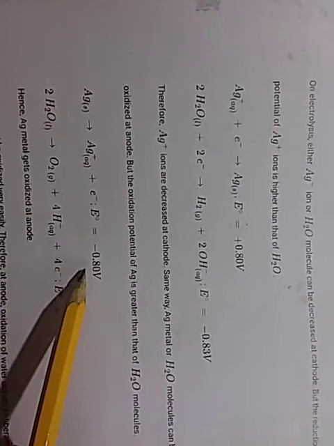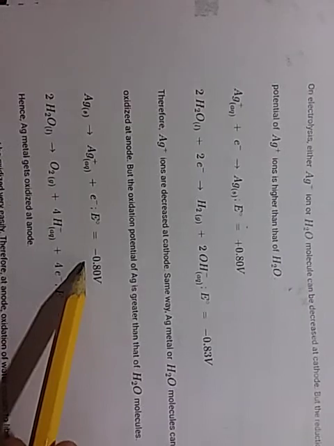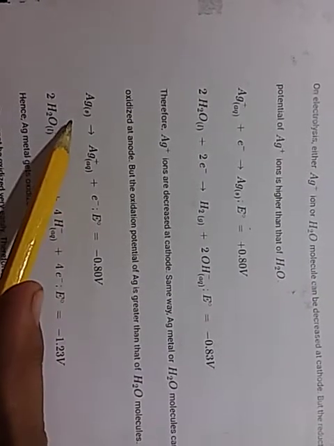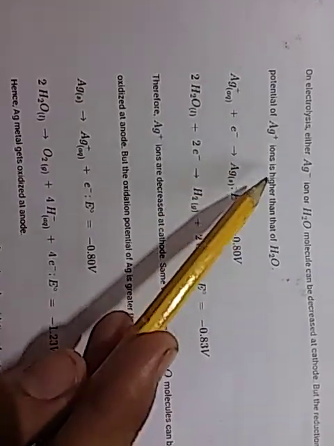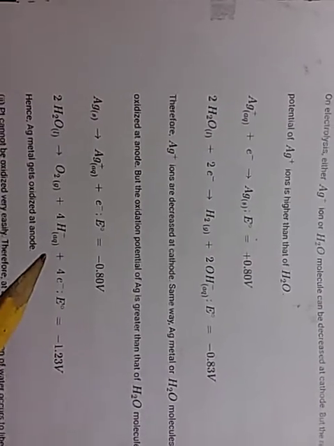The oxidation potential of Ag is -0.80 volt, which means it is greater than that of water, and in the reduction way the reduction potential of Ag+ is also higher than that of water. So Ag metal gets oxidized at the anode.